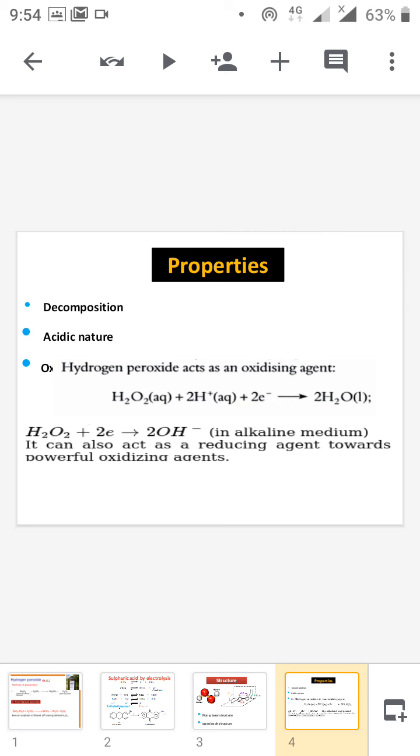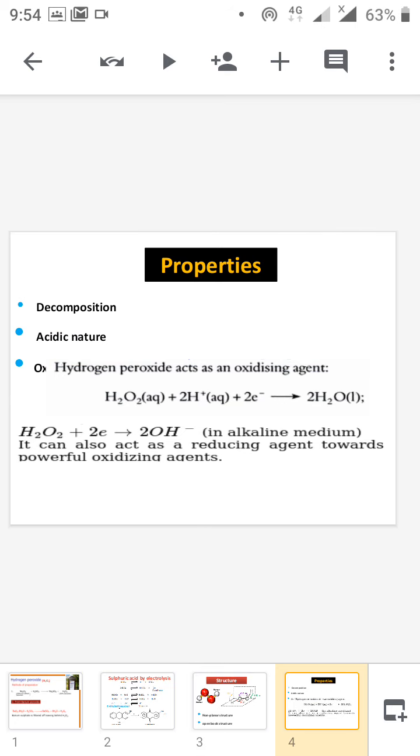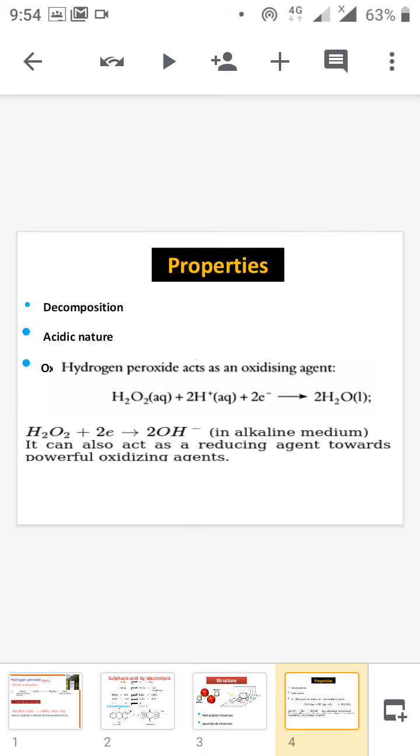If it is distilled under reduced pressure and at a temperature of 30 to 40 degrees Celsius, we will get approximately 99% hydrogen peroxide. And next are the properties of hydrogen peroxide.